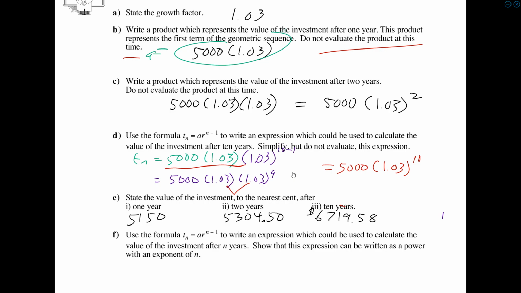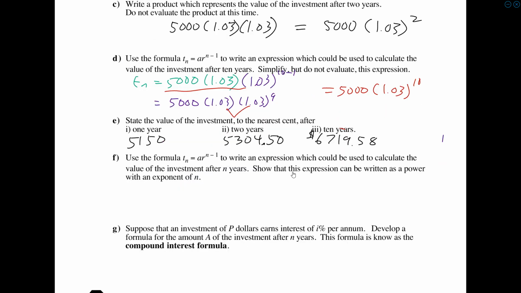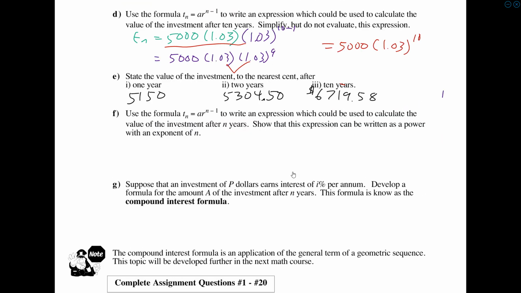So use this formula to calculate the value of the investment after n years. Well, we're going to simplify this. I guess we've already done this. Let's actually just do this with our investment of $P earning interest of I% per annum. So let's take what we've done and think through what happens here. So $P times, how would we write out the percentage, I percentage, as like a rate here?